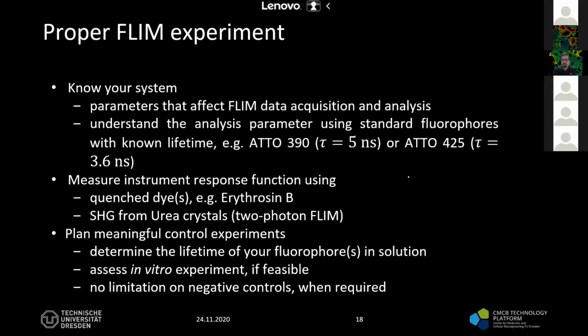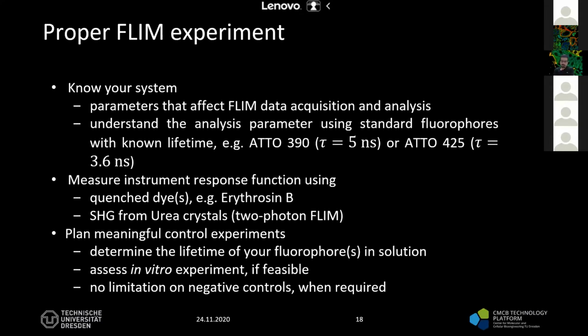If we don't have any other question, then I will go through how we think a proper FLIM experiment should be done. First of all, we need to know the system. What parameters affect the FLIM data acquisition and analysis? It's not only that when you see the decay curve, you find the ideal chi-square for your fitting and how your residual looks.